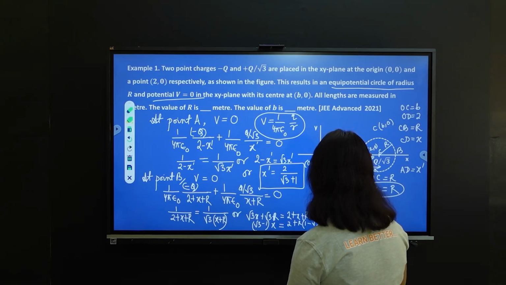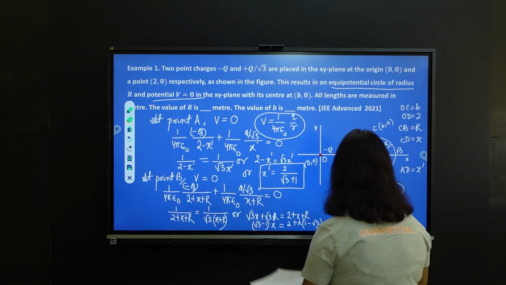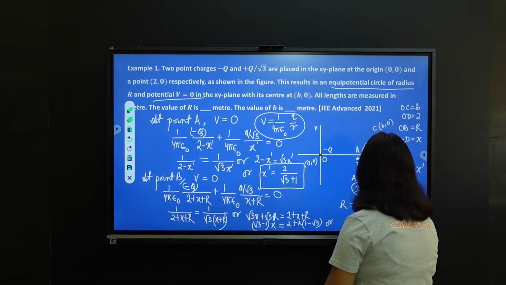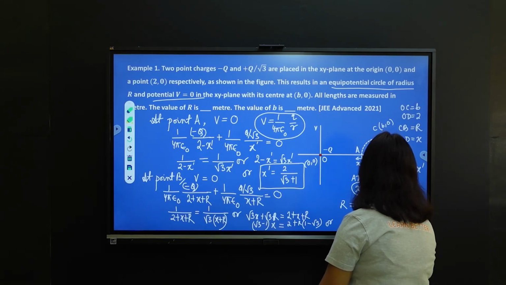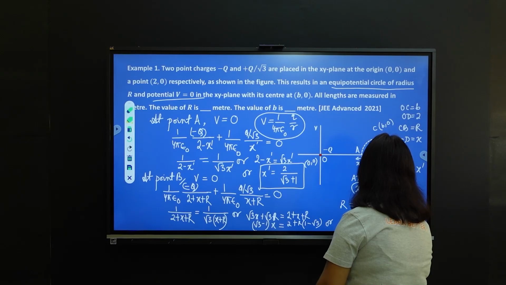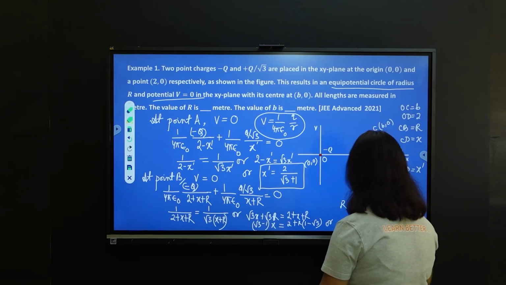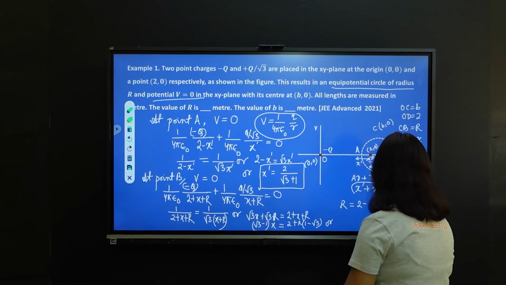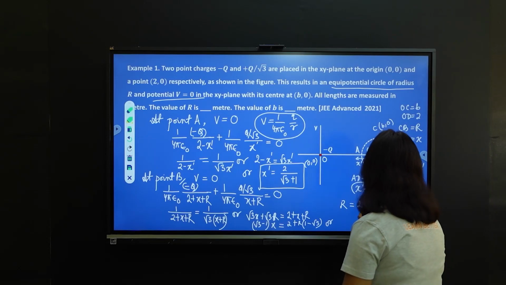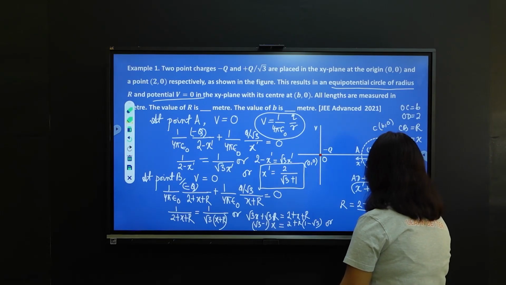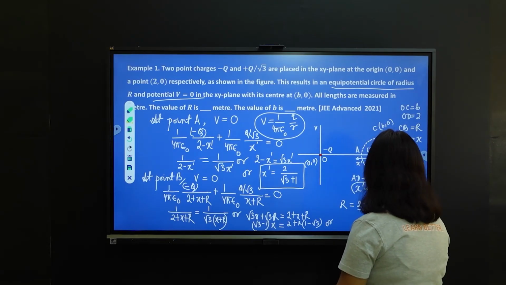We get this as 2 minus root 3 minus 1 whole times x, minus root 3 minus 1 whole times x, by root 3 minus 1.